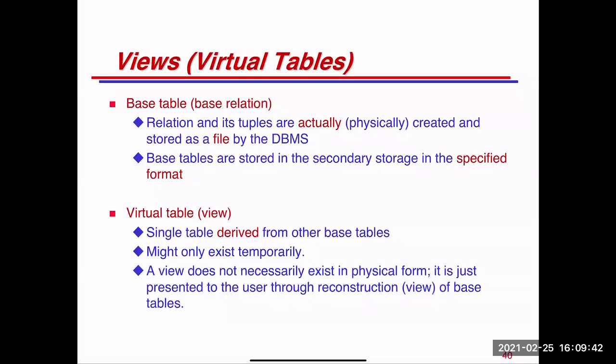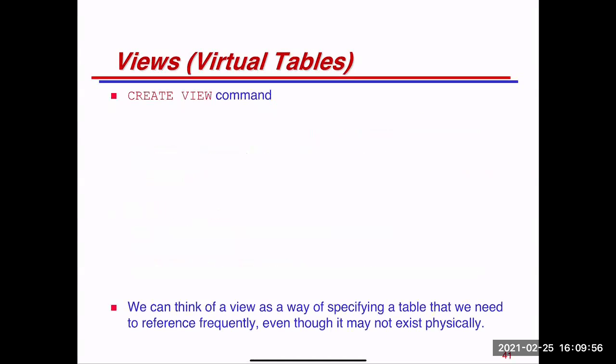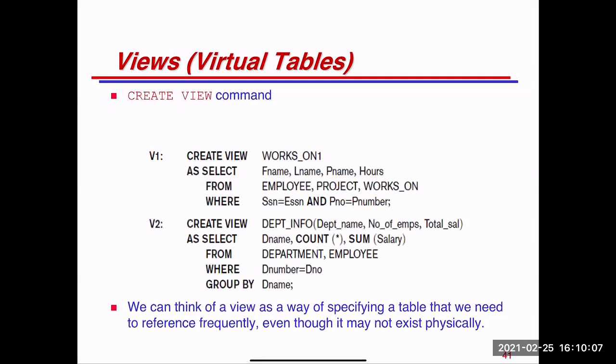Usually you will use views if you only need them temporarily. So sometimes you can use a view to simplify writing SQL queries. Now let me give you the syntax for how to create a view. The command is create view. Here are two examples. In the first one, we're creating the view works on 1.